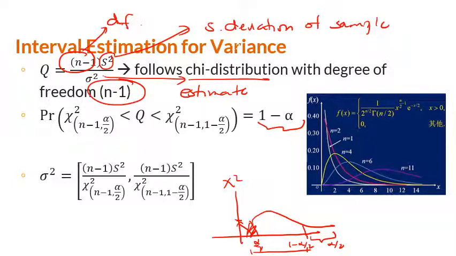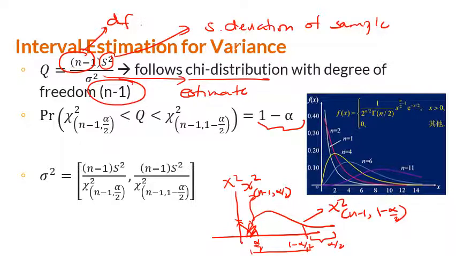Okay, so this value is your chi-squared n minus 1 alpha over 2, whereas this value is your chi-squared n minus 1 minus alpha over 2.